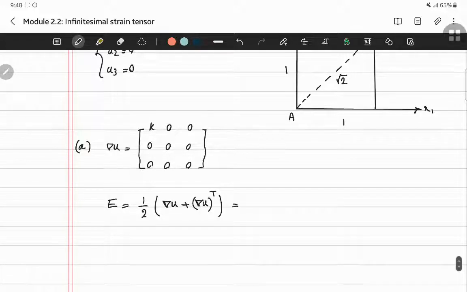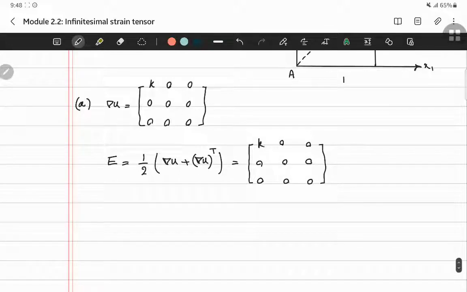This is the same as the transpose, so we have 2k if we sum them. Finally we get k, 0, 0, 0, 0 for the rest. Perfect. So we see that this actually elongates in the x1 direction with a value of k, right?